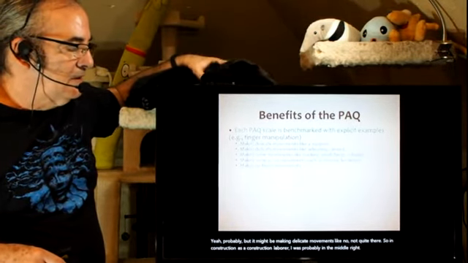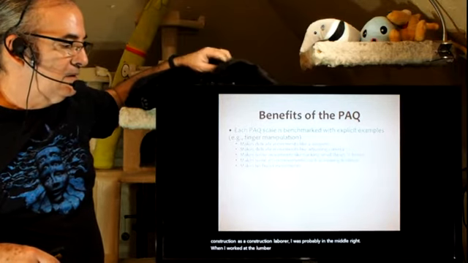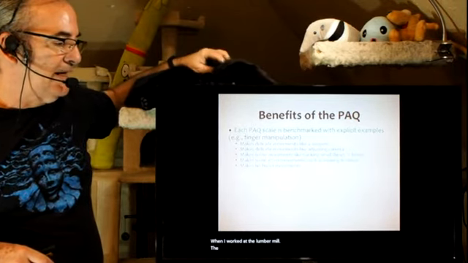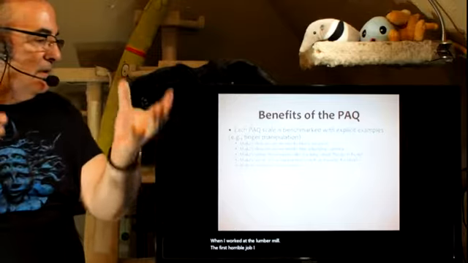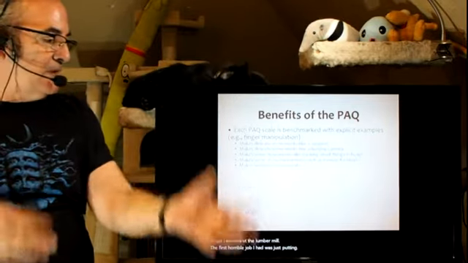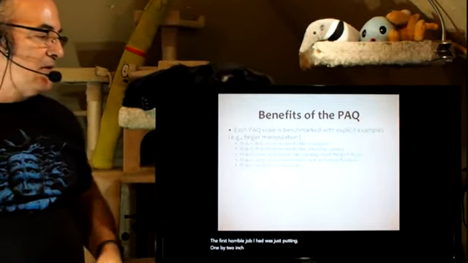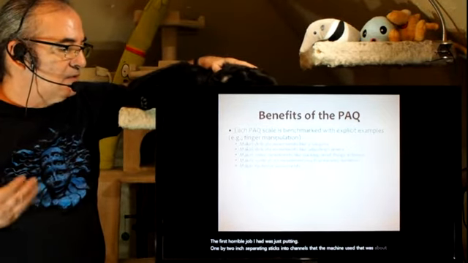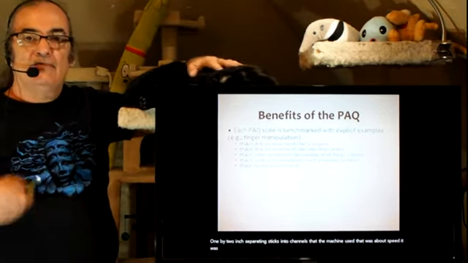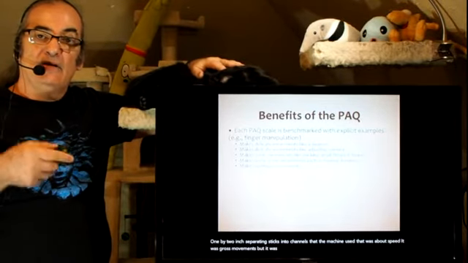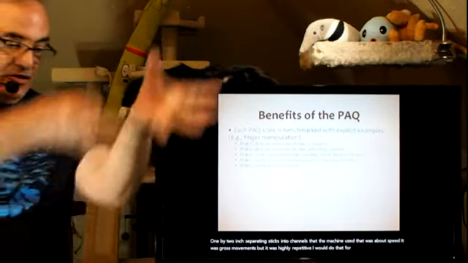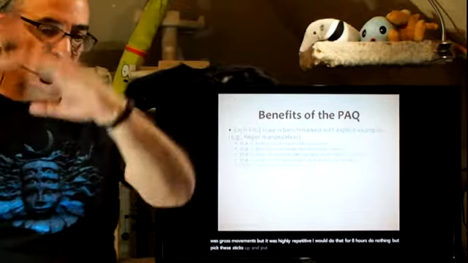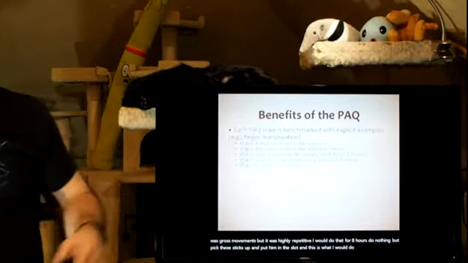When I worked at the lumber mill, the first horrible job I had was just putting 1 by 2 inch separating sticks into channels that the machine used. That was about speed. It was gross movements, but it was highly repetitive. I would do that for 8 hours, just do nothing but pick these sticks up and put them in a slot, in 11 different slots.